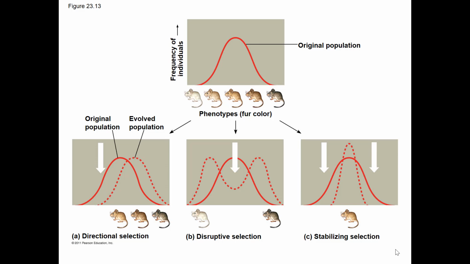All right. The other type of variation is called discrete variation. And in discrete variation, it's either or.